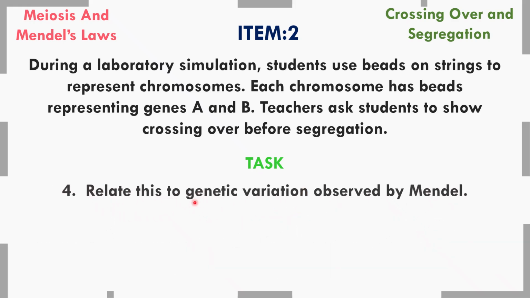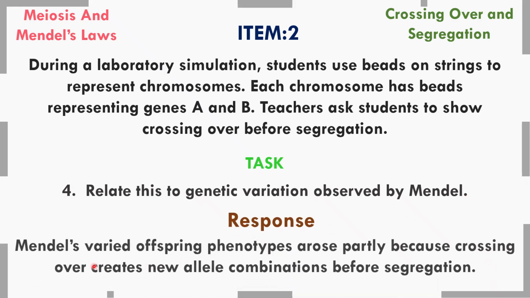Relate this to genetic variation observed by Mendel. Mendel's varied offspring phenotypes arose partly because crossing over creates new allele combinations before segregation.